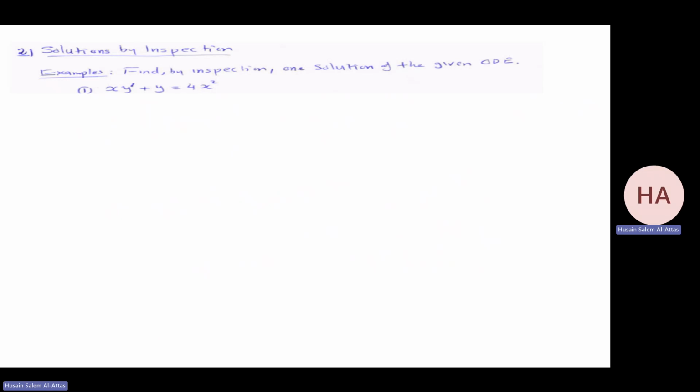Yes, find by inspection. If you notice, usually I start from here. I'm looking for a function where if I substitute that function in this equation, I'm getting the left-hand side equal to the right-hand side. What will be my suggestion?